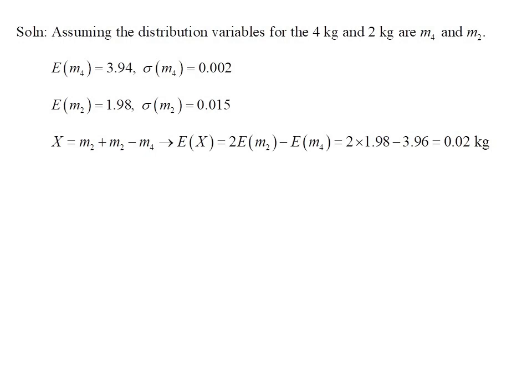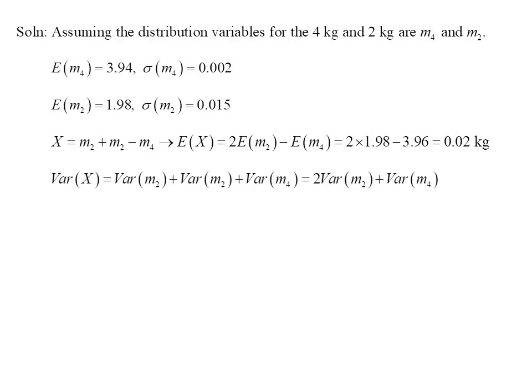It follows that E of X equals 2 times E of M2 minus E of M4, which equals 2 times 1.98 minus 3.96, which equals 0.02 kg. Similarly, VAR of X equals VAR of M2 plus VAR of M2 plus VAR of M4, which equals 2 times VAR of M2 plus VAR of M4.